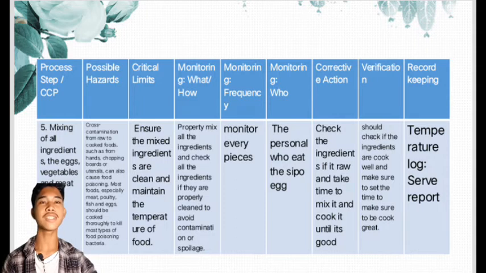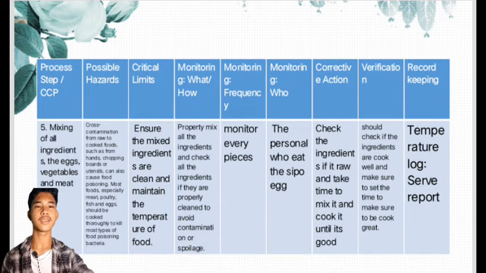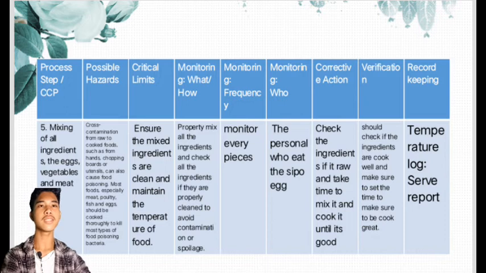Process step or CCP number 5: mixing of all ingredients, the eggs, vegetables, and meat. Possible hazards: cross-contamination from raw to cooked foods, such as from hands, cutting boards, or utensils, can also cause food poisoning.